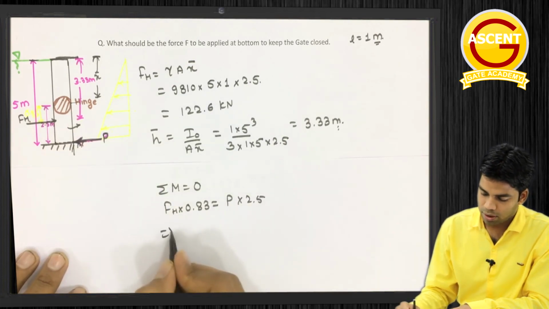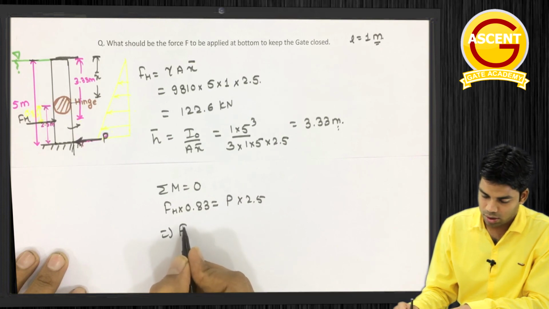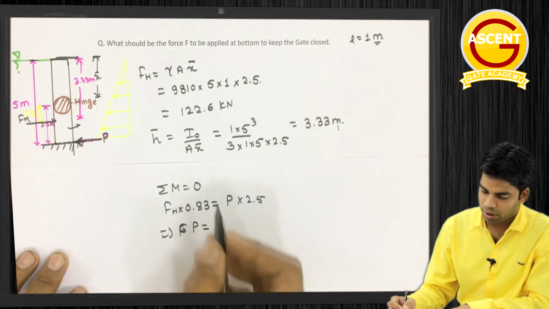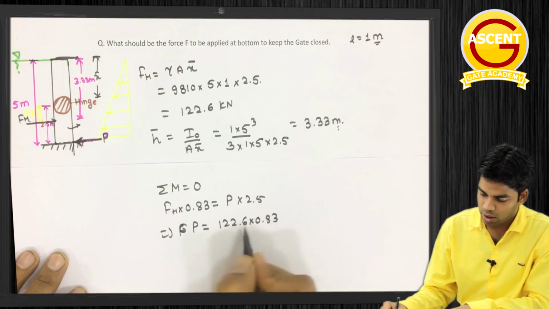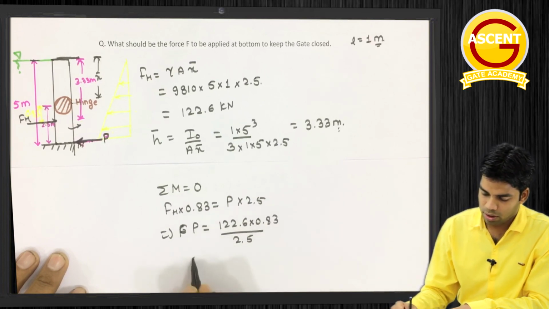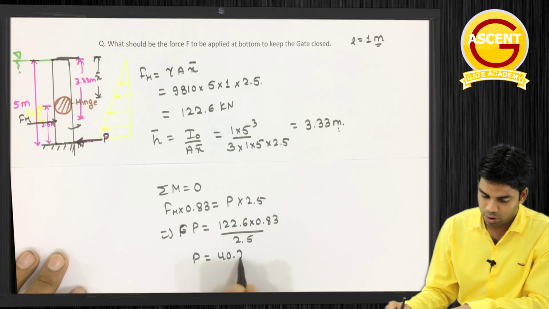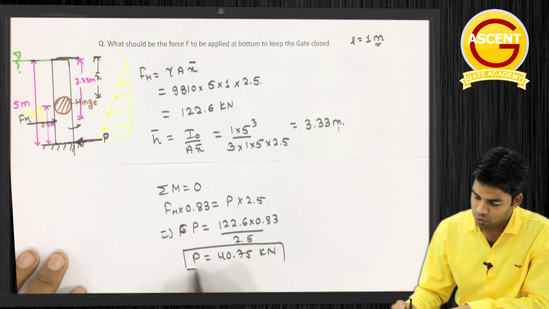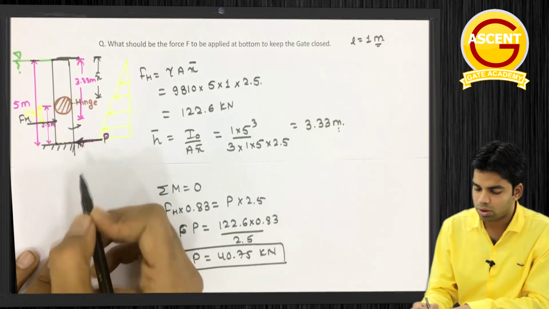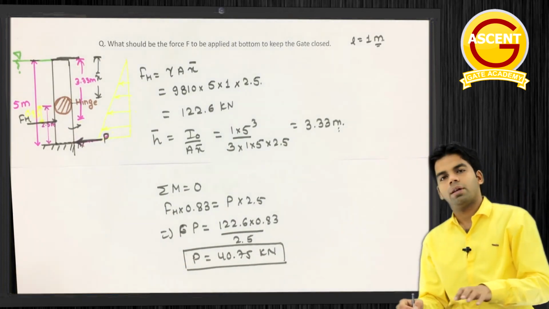So this P will be equal to Fh, which we have determined as 122.6 into 0.83 divided by 2.5. So this P will be equal to 40.75 kilonewton. Answer. So this much force should be applied at the bottom in order to keep this gate closed. Getting this or not?